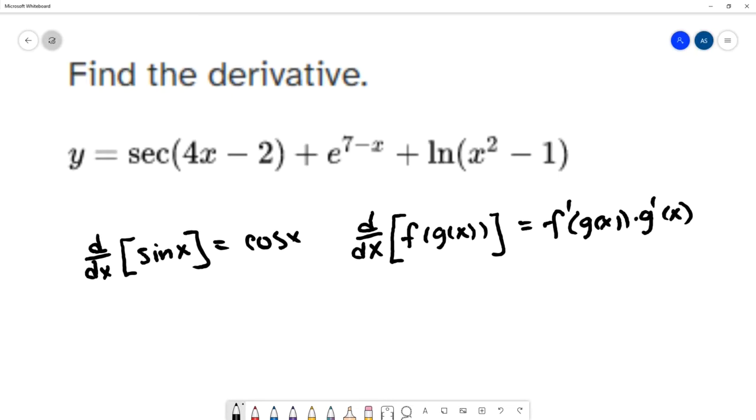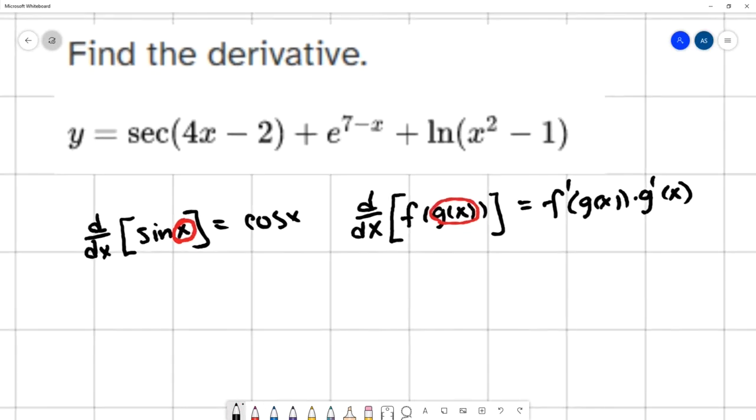So if you memorize these two things, then you'll be able to calculate the derivative of any sine function, and also if you put anything inside of sine that's different from x, you'll be able to handle it with this chain rule. So that's one way to memorize your derivatives.